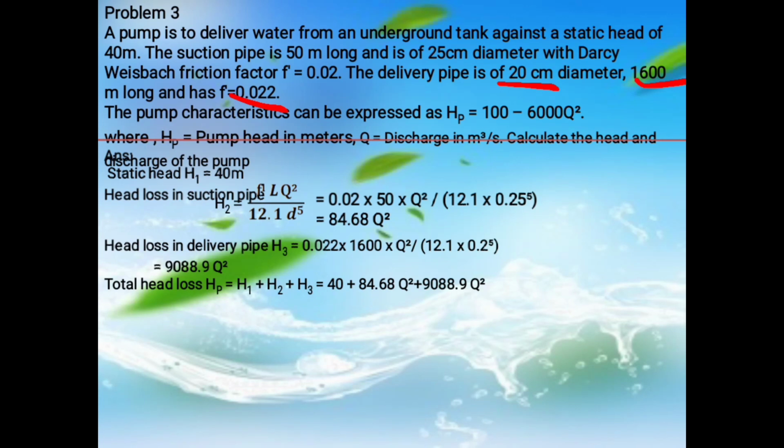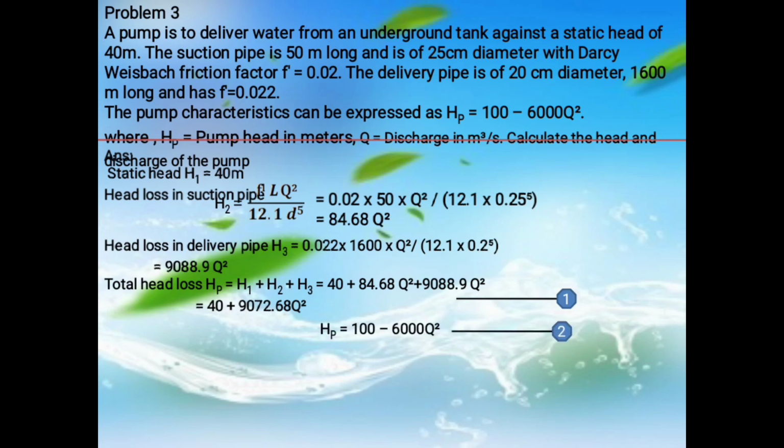Therefore, total head loss HF or HL equal to suction head H1 equal to 40 meter, and H2 head loss in suction pipe and H3 head loss in delivery pipe, that is equal to 40 plus 84.68 Q square plus 9088.9 Q square, that equal to 40 plus 9072.68 Q square. And this is equated to, that is in the question given, the pump characteristics can be expressed as HP equal to 100 minus 6000 Q square, which is the pump head.